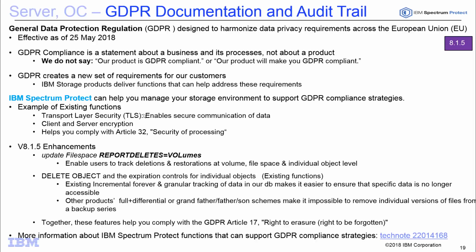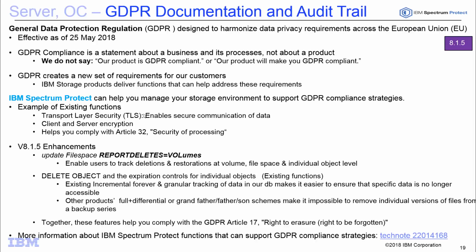So if you combine that with our existing support for delete objects, as well as our ability with Incremental Forever to granularly track the data in our Spectrum Protect database, so that if you do need to delete a specific version, we can do that. Whereas other products that use either a full plus differential or a grandfather-father-son type of scheme, for them it's impossible to remove individual versions of files.